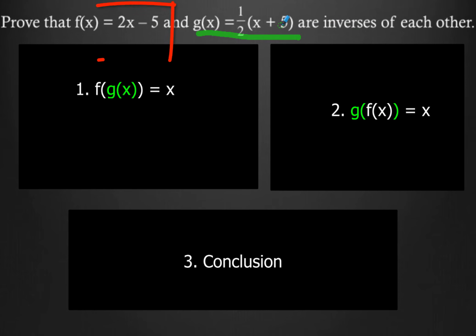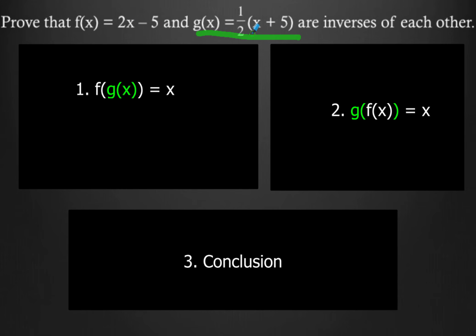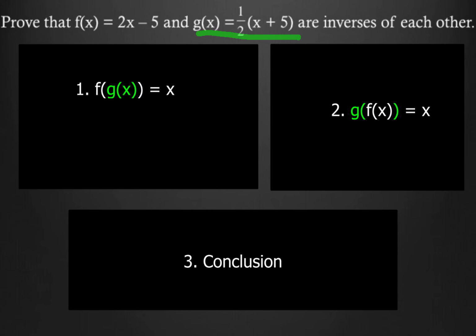And to start with, we're going to plug that into our f of x function. And then our second step is going to be to take the f of x function and plug that one into the g of x function. And then depending on our results from that, we'll go ahead and write a conclusion. So let's take a look at our first step.